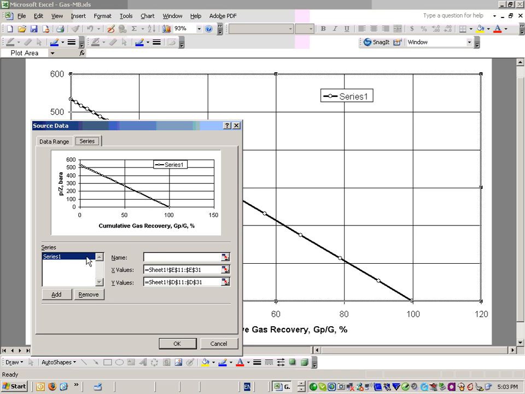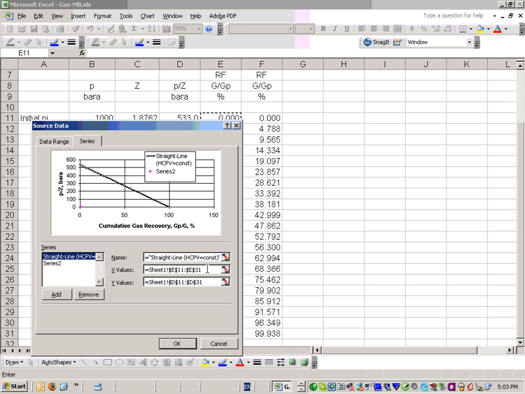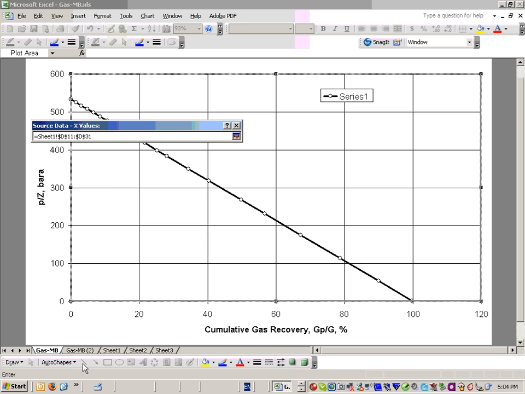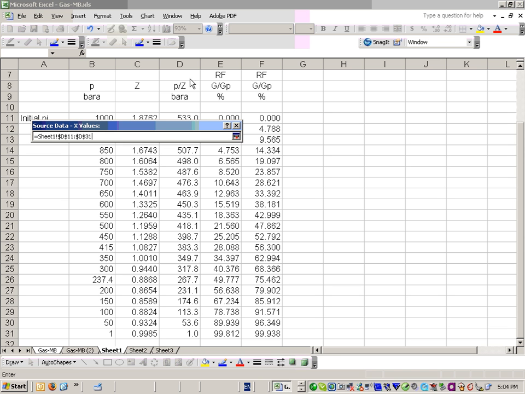We'll add that to our plots here. We'll add another plot and call this our straight line hydrocarbon pore volume constant result, and then we'll be plotting the same pressures here, but for the aquifer, this is our pot aquifer.